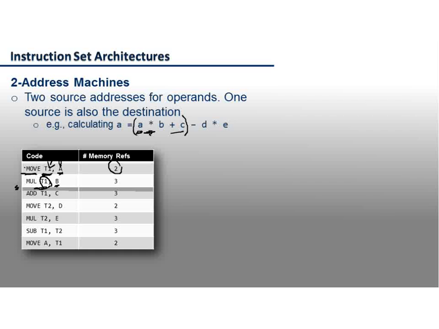The third one, we need to add C. So now T1 has the value of the multiplication between A and B. So this value, we add it to C. And then the result, again, we store it inside T1. So again, we have three memory accesses.